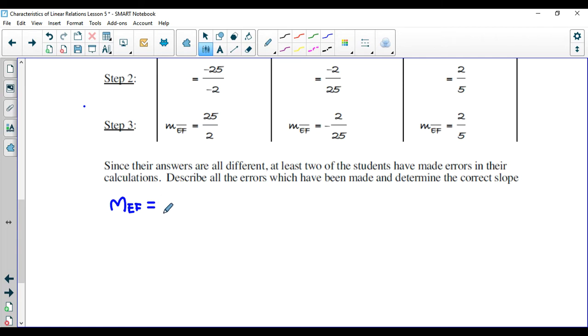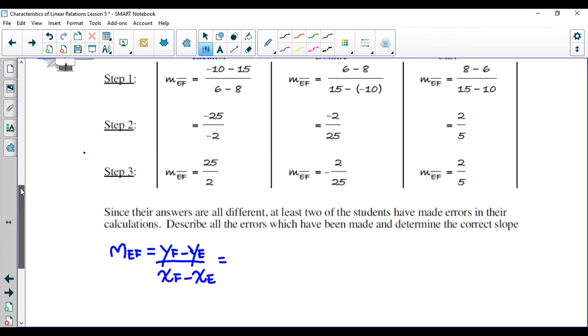So this would be equal to yF minus yE divided by xF minus xE. So let's go up and see what the coordinates are.